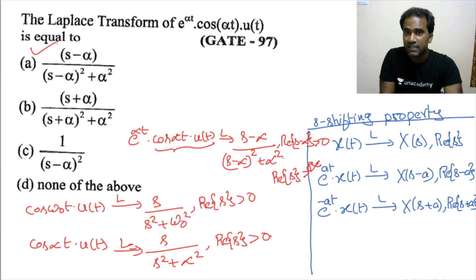Because it is cos alpha t, alpha is behaving like angular frequency, and angular frequency should be a real number. So instead of writing real part of alpha, I am writing simply alpha. So this is the exact answer. They did not mention the ROC, but we have learned about it as well.